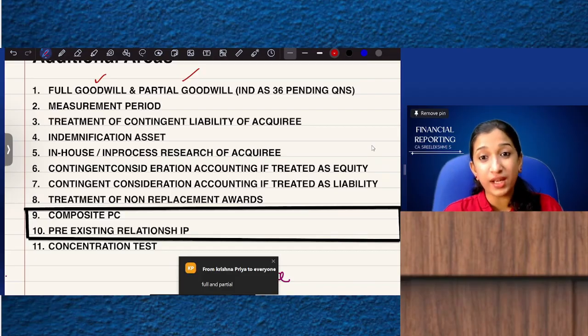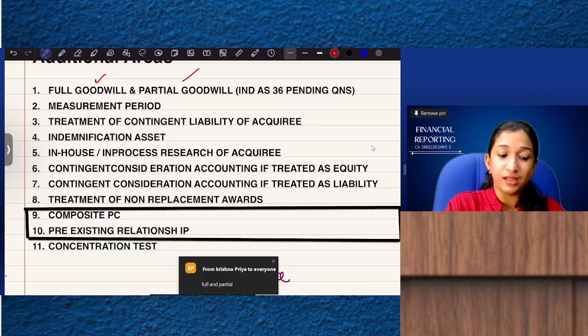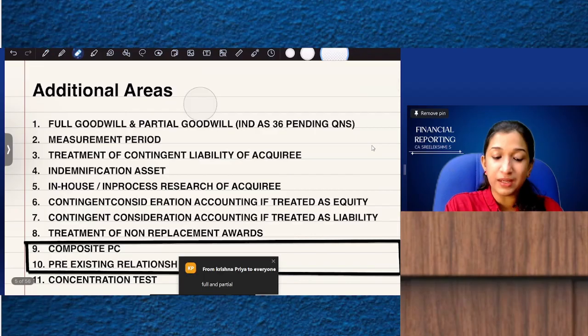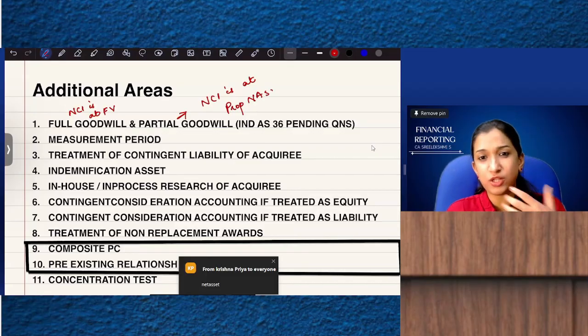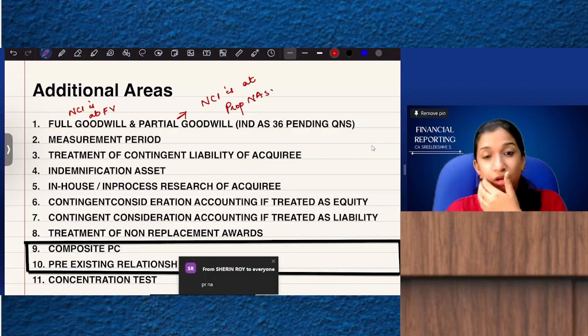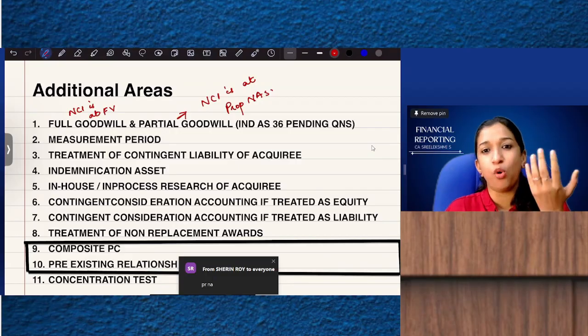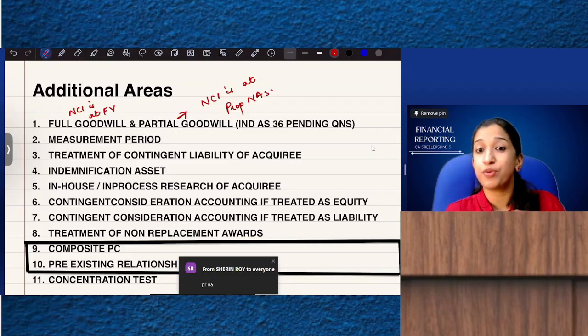Full goodwill is when NCI is measured at fair value. Partial goodwill is when NCI is measured at proportionate net assets. So if NCI is measured at fair value, we call it full goodwill, and goodwill will be more. If NCI is at proportionate net assets, it is partial goodwill.